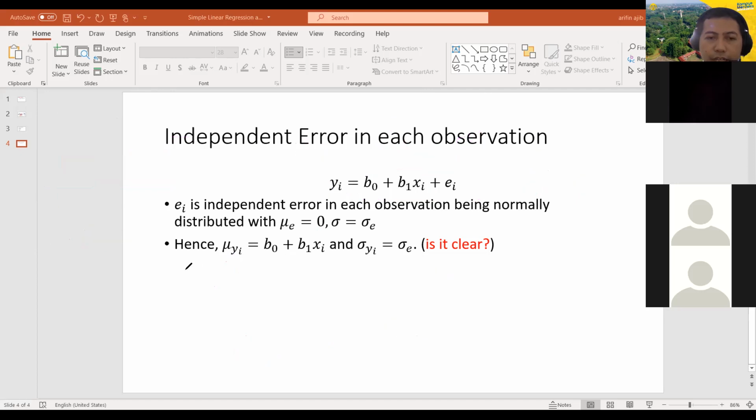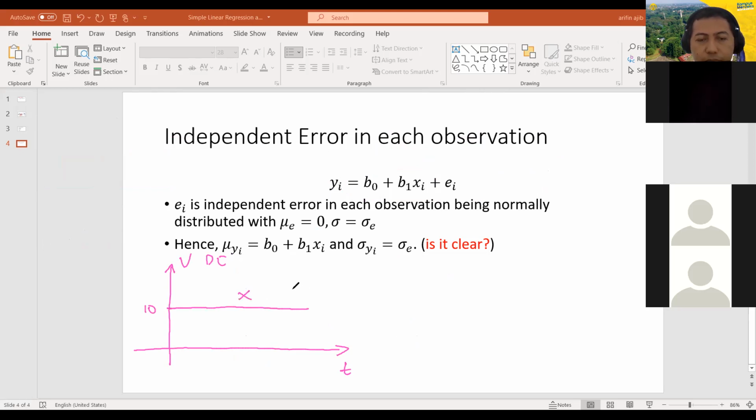Saya bahas sebentar ya. Oke, kita kembali ke ini. Sumber arus atau tegangan DC, misalkan ini VDC, misalkan di sini adalah 10 volt. Ini di inputnya kan lurus. Ini sebagai X. Kalau dia konstan, dia tidak random kan.